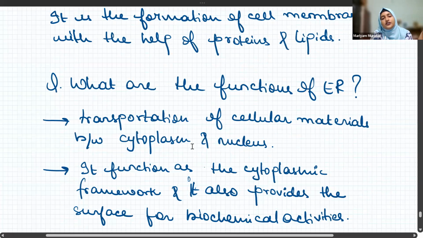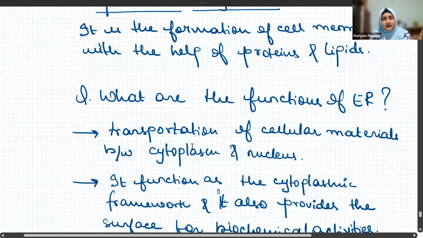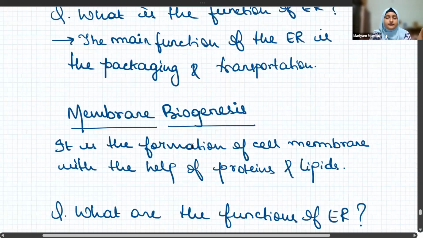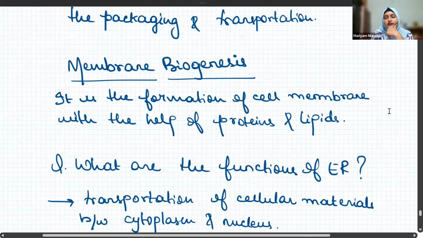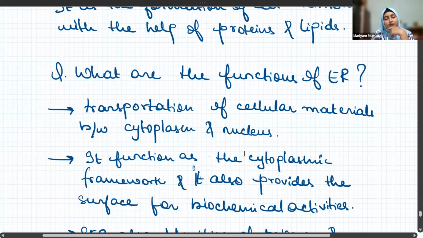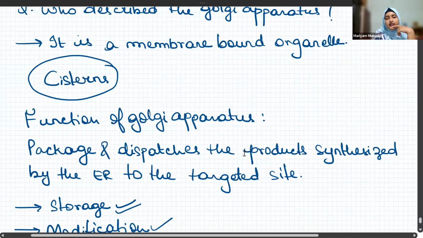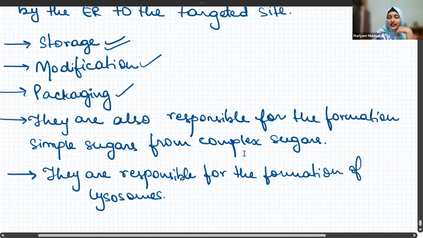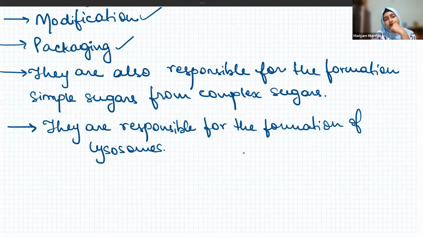Did you understand the membrane biogenesis? Yes, ma'am. For today's class, I'll teach you till this much only because the time is up. Up till now, do you have any doubts? No, ma'am. Okay, very good.